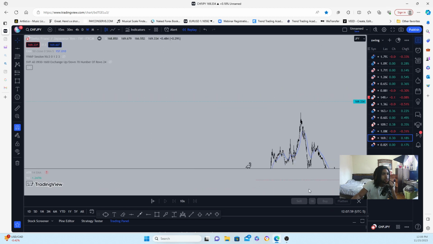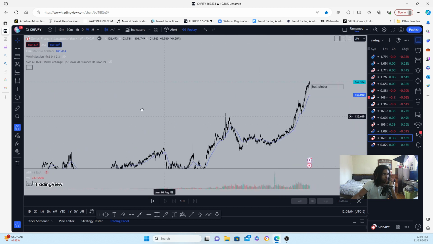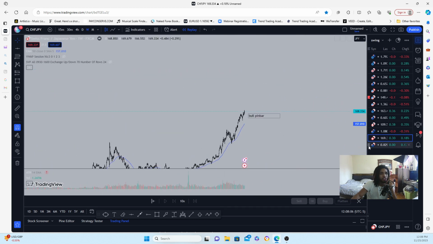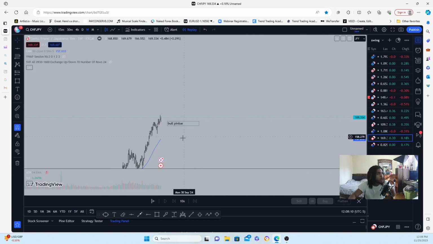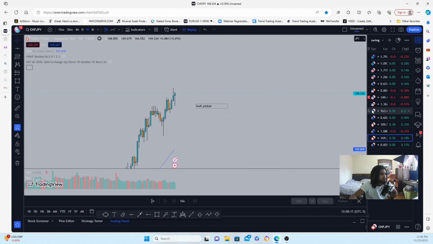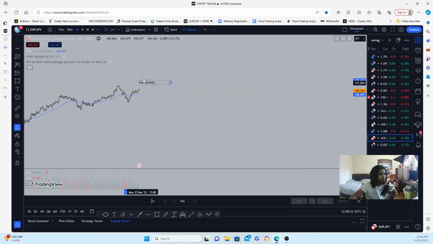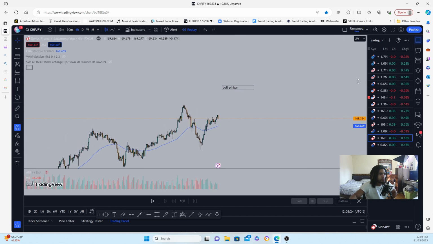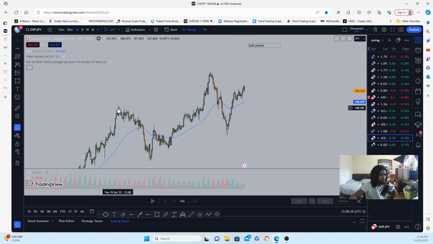We have absolutely no price action. Literally the highest Chef JPY has been in a long time. Safe to say we're trending upwards. Good. We're gonna look. Break structure here, when that break structure happened.